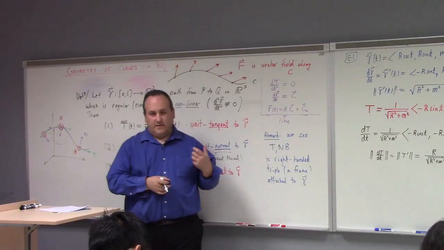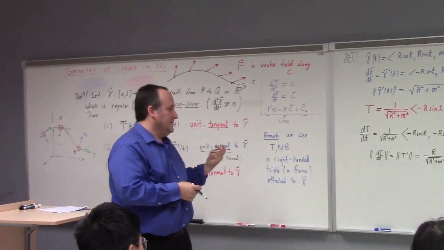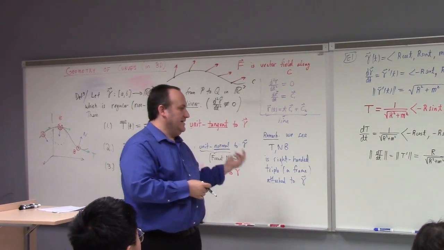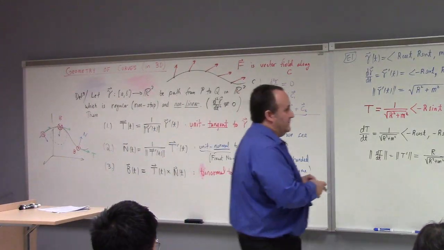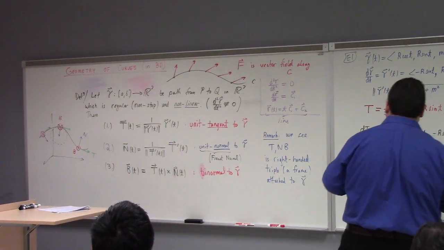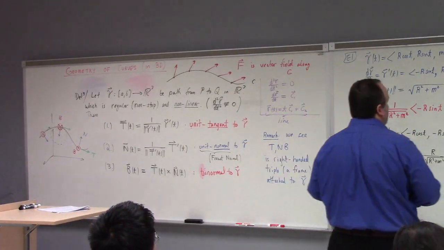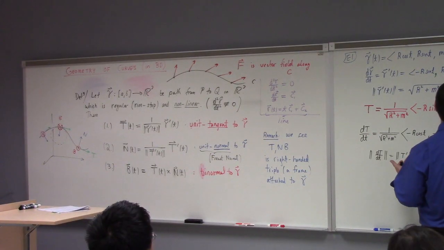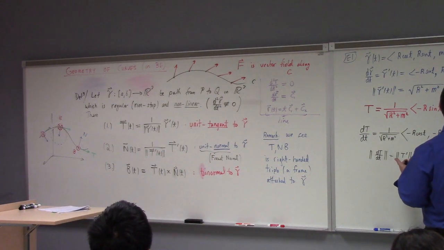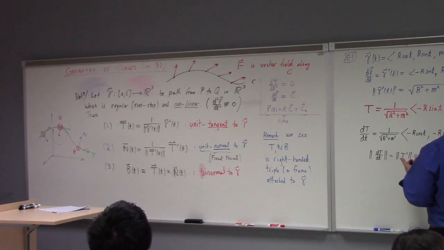Because we have a multiple, when we take a length, the property I'm using for vector length, you write it somewhere: if we have the length of a constant times a vector, say w, that's equal to the absolute value of the constant times the length of the w vector.